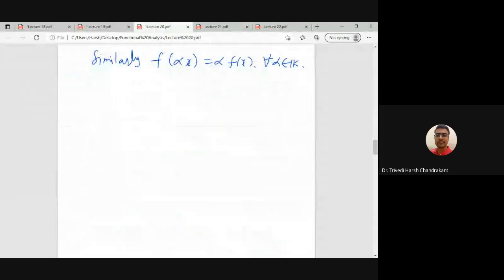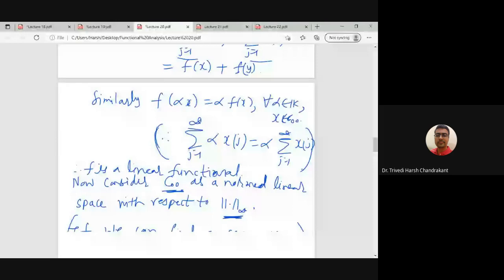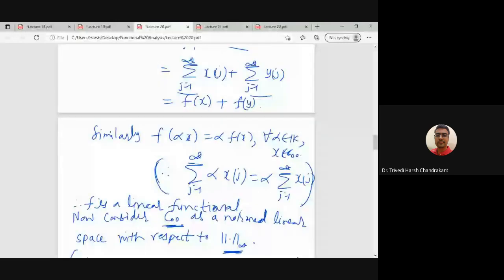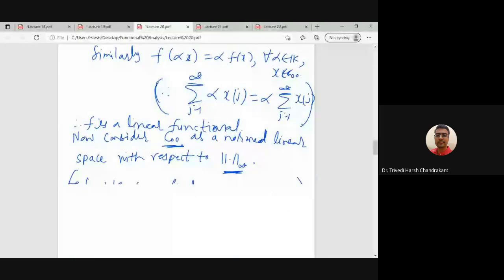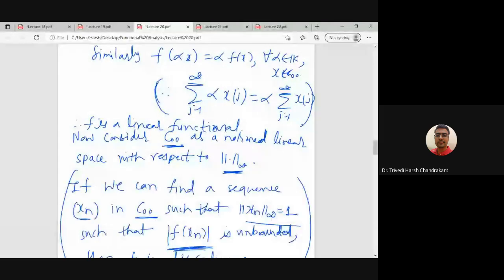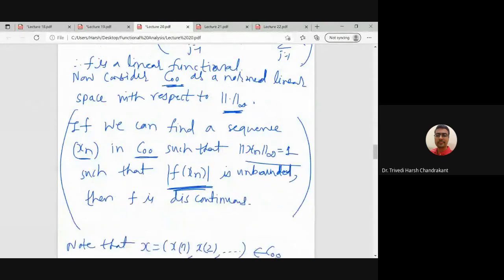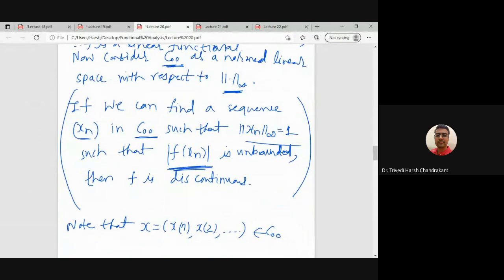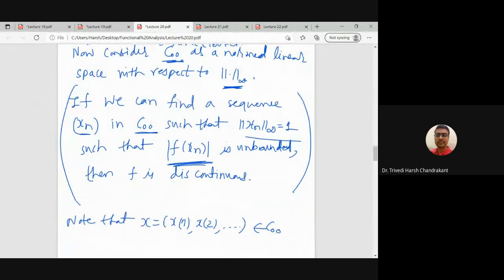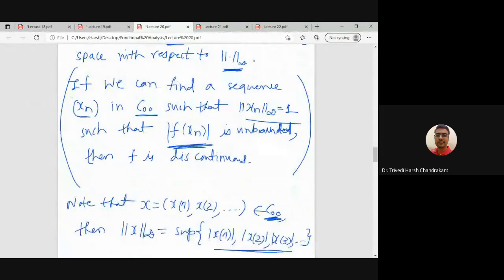Yeah, with respect to the supremum norm, we have seen that this function is unbounded, and next we have verified that with respect to the one norm on the domain, this function is in fact a continuous function.